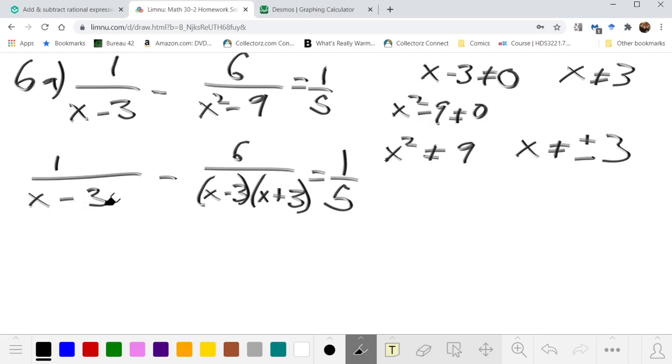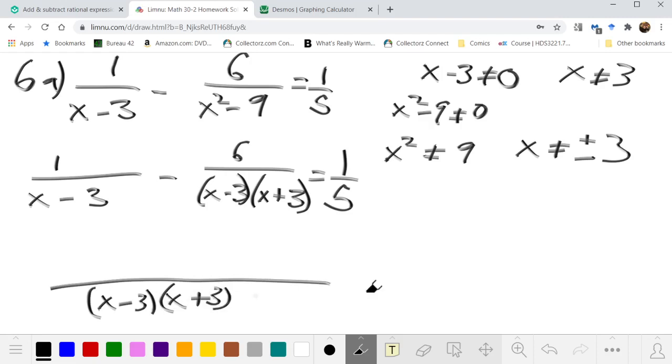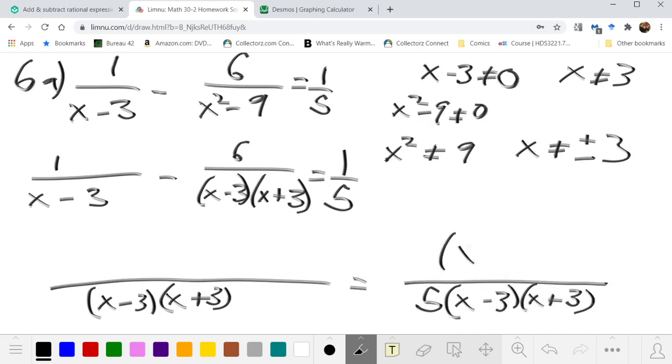Now if we multiply everything by x minus 3 and x plus 3, then we will have x minus 3, x plus 3 as denominators on both sides of our equation. So we're going to have 5 times x minus 3, x plus 3, and that is going to have an x minus 3, x plus 3.